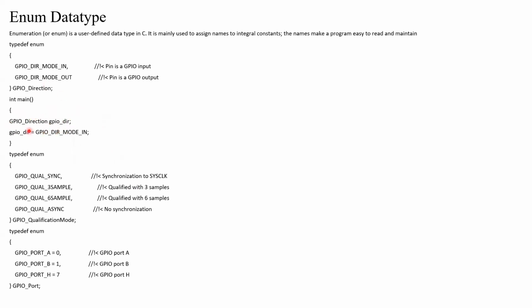Now you can assign the GPIO direction either of the two values, GPIO dir mode in or mode out, right? In the same way, you can have different enums, and then you can pass the values to the integral constant. So that is the purpose of having an enum data type. You can see this enum data type is widely used in the driver library, which we'll discuss in one of the subsequent lectures.